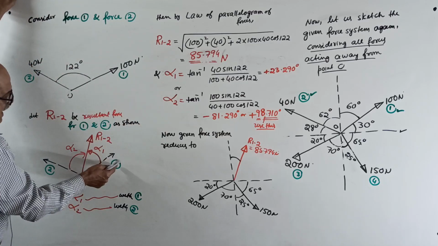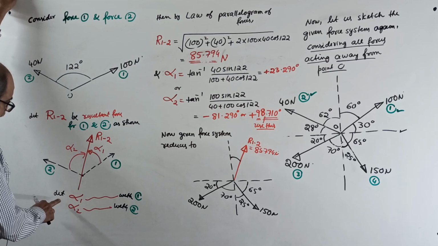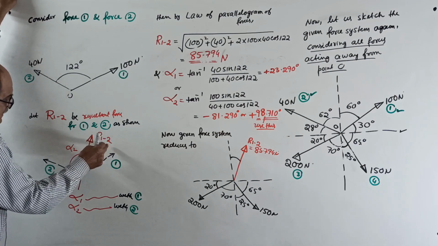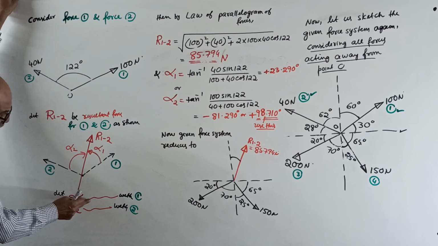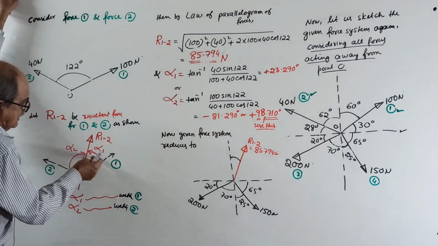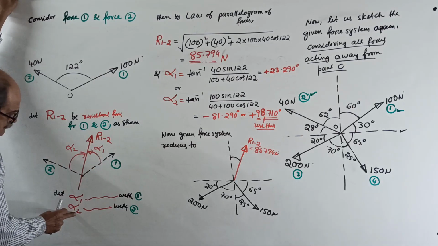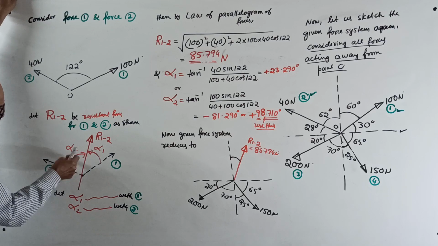Let alpha 1 be the angle made by the resultant with the force P1 in this way. Let alpha 2 be the angle made by the resultant with the force P2 in this way.